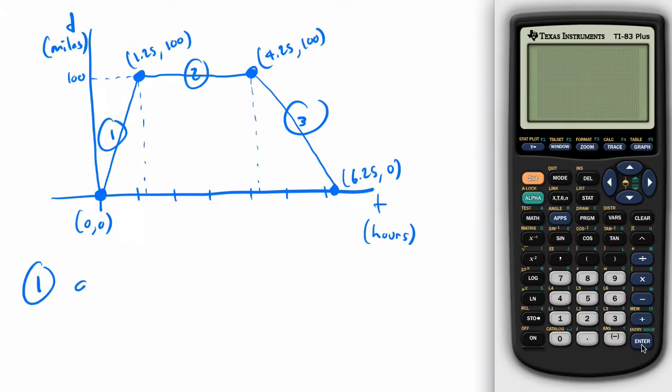Well, the slope of that line, a, is delta d over delta t, which is 100 minus 0 on the d-axis divided by 1.25 minus 0 on the t-axis, which is equal to 100 divided by 1.25, or 80. 80, notice the units, miles for d, per hour for t, miles per hour.